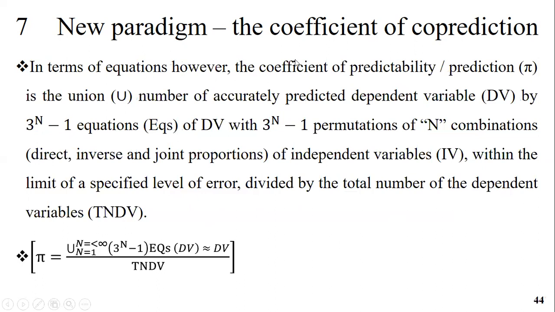In terms of equation, however, coefficient of predictability/prediction phi is the union number of accurately predicted dependent variable by 3 power n minus 1 equations of a dependent variable with 3 power n minus 1 permutation of n combination of independent variable within the limit of specified level of error divided by the total number of the dependent variable.